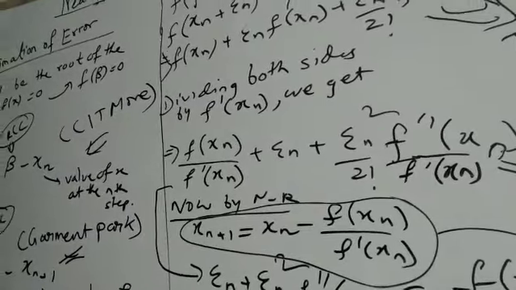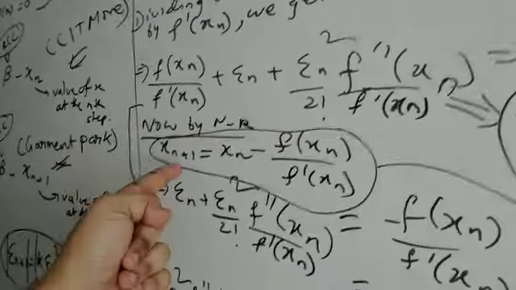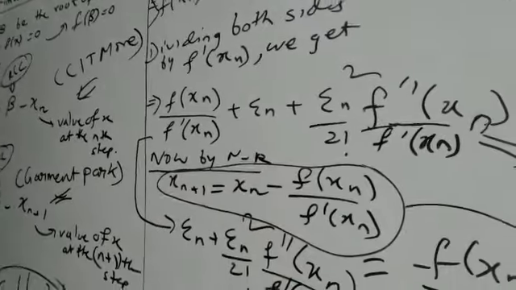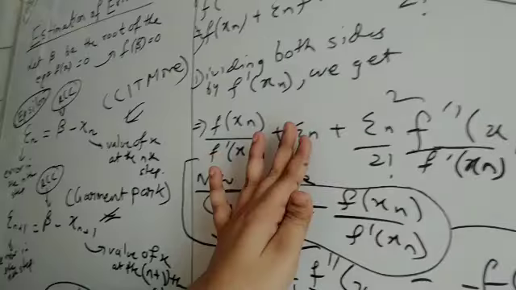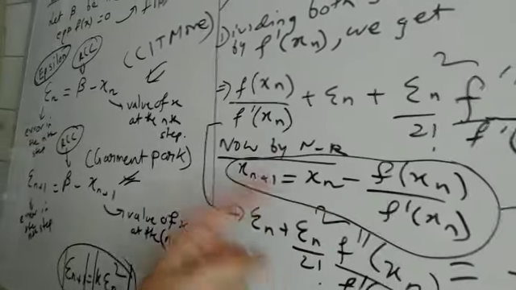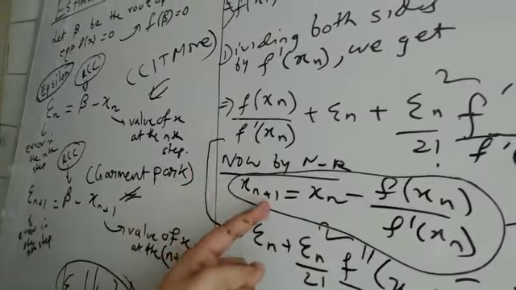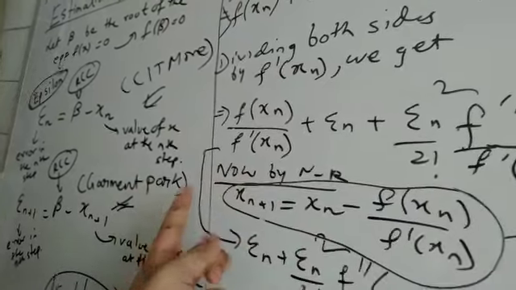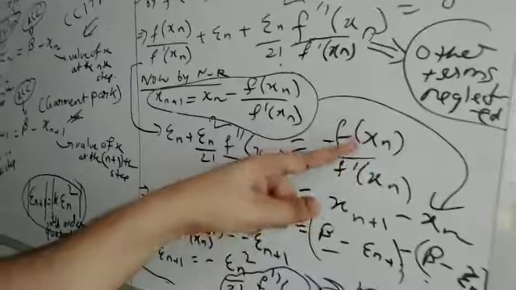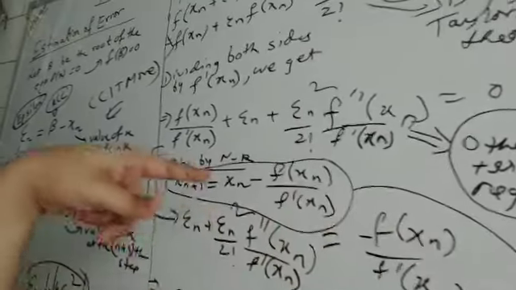Now see, from the Newton-Raphson method we know this basic formula. Only this part here I can replace, so I can write xn plus 1 minus xn is basically minus of this ratio.